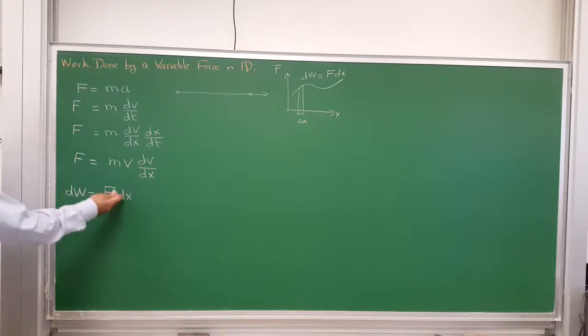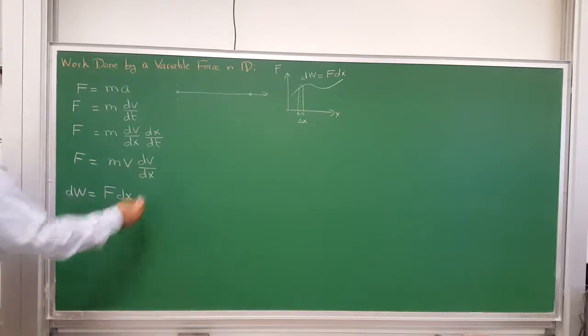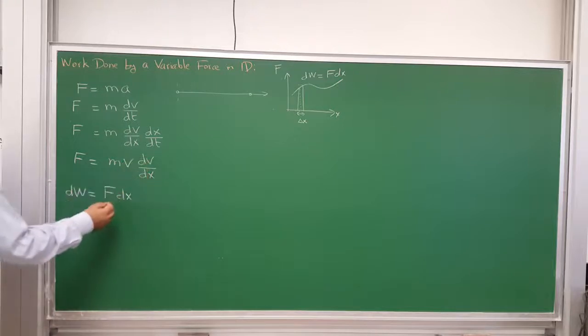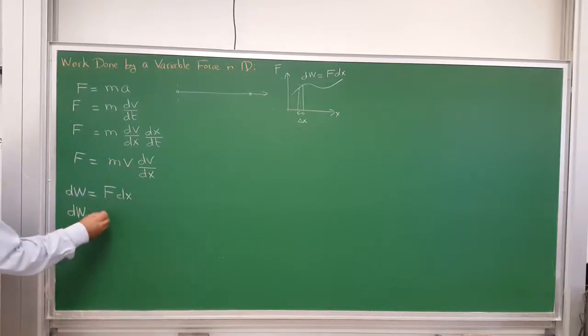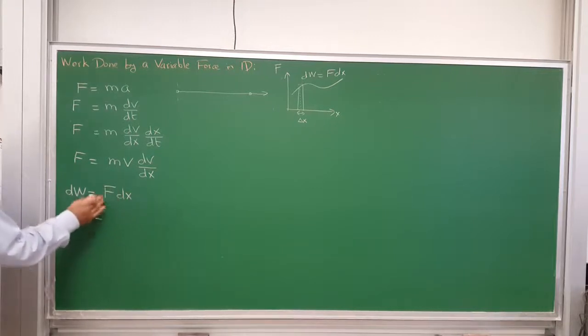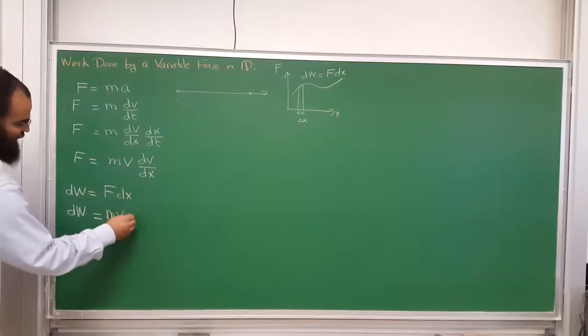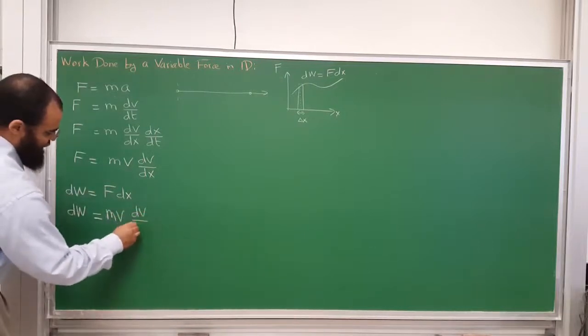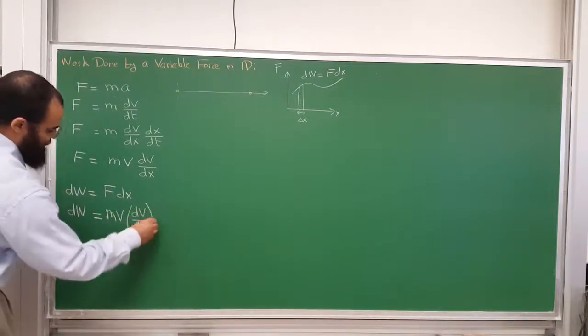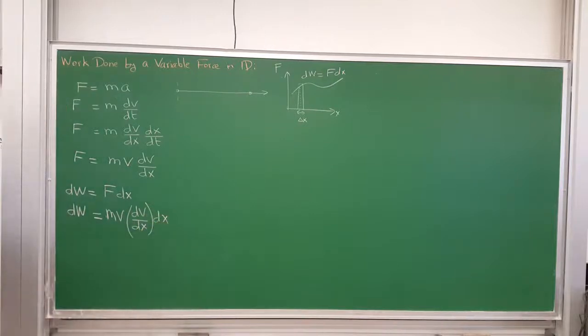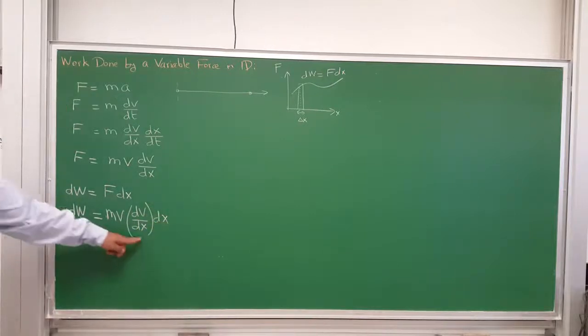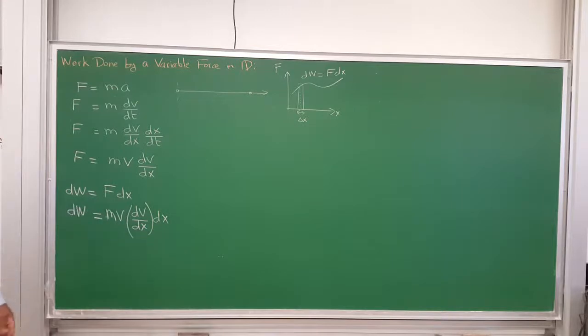But F dx is mv dv dx times dx, let me just take it slow. F itself is mv dv dx, times dx. But what is dv dx times dx? That's dv.